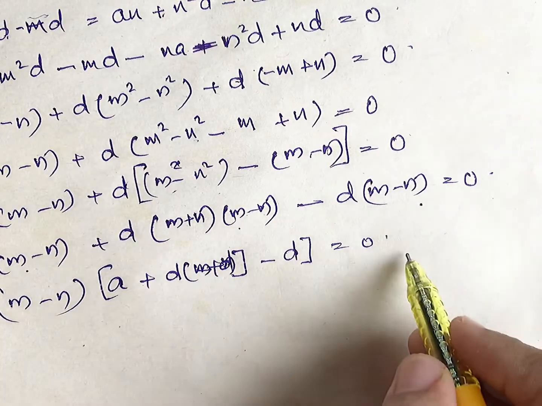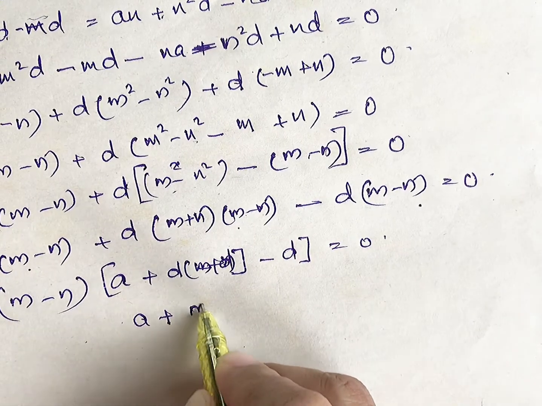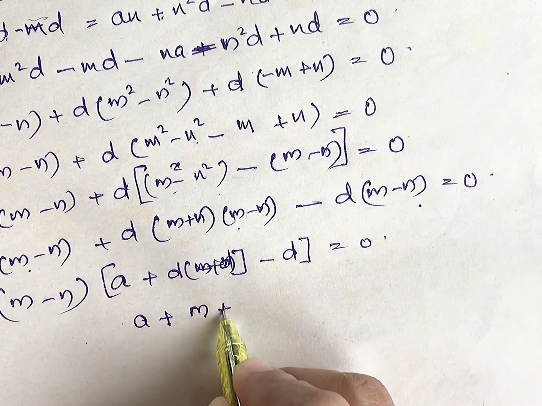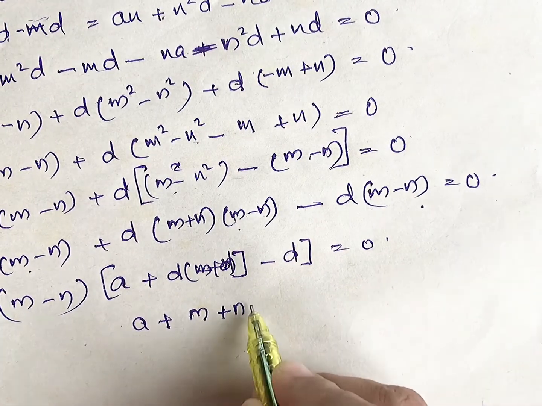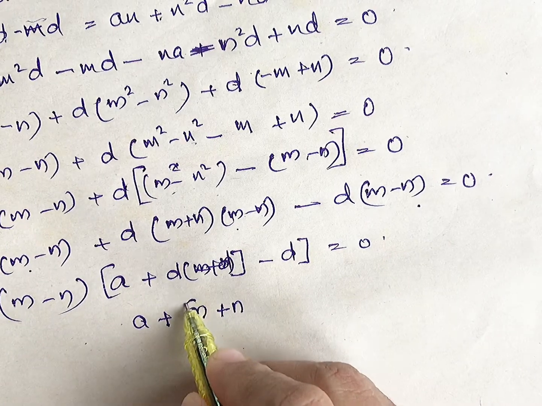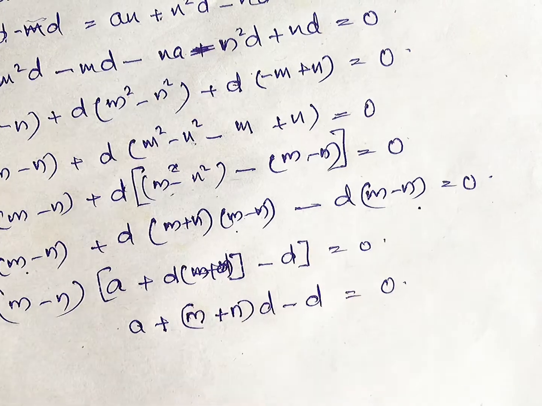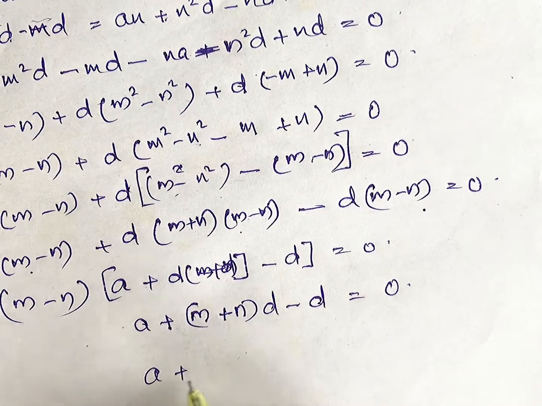Since m minus n is not zero, we get a plus (m plus n) into d minus d equal to 0. From both these terms, again d is common.